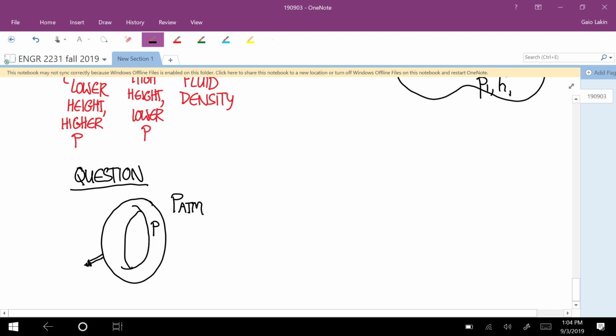At this point and this point, those two are at the same height. But P is greater than atmospheric pressure. How can that be according to this rule?